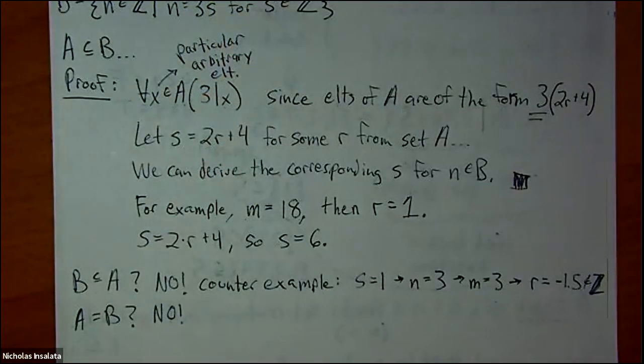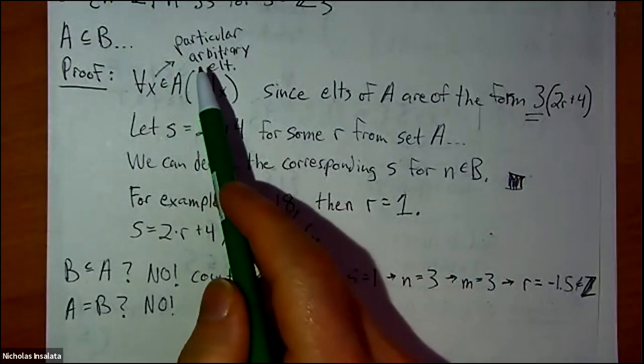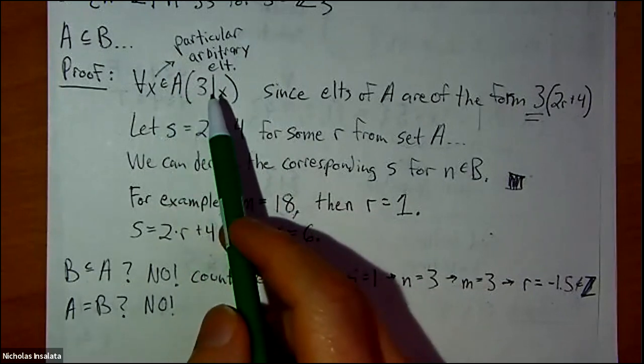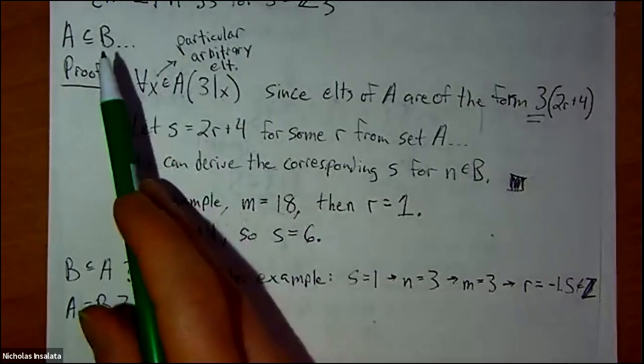And the way that you prove things about containment and also about sets in general is to think about some particular arbitrary element and then use it to show things about the sets. So basically, this is what we would usually call a variable. You have some variable, you let it be one of the elements of the sets, and you say, hey, if this variable is in this set, does it have to be in the other one?